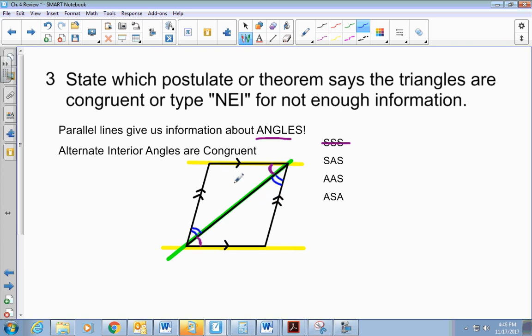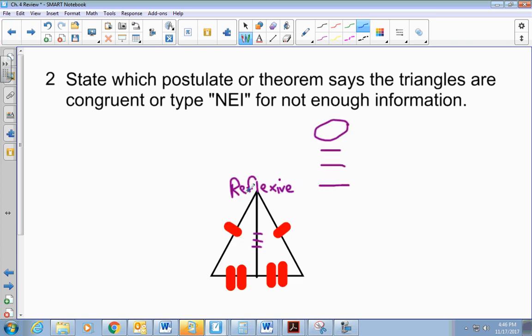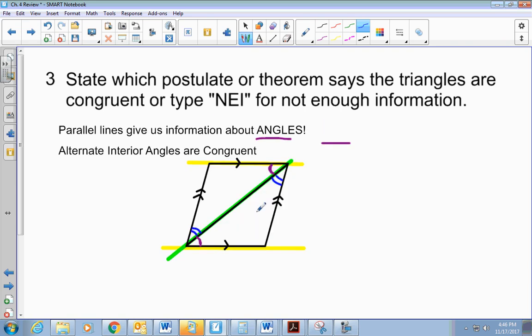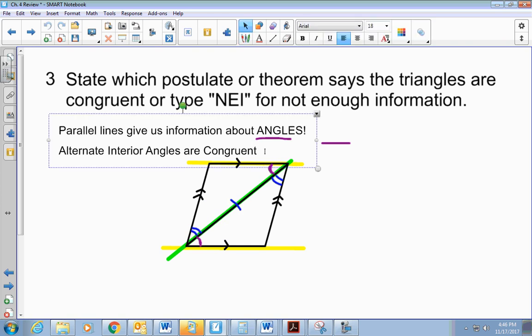So we look at our two triangles. Do they have an overlapping side? Do they have a case like we learned before that's going to be reflexive? And we look and we say, yes, that's this right here from this corner to this corner. So that's reflexive. So let's add that to our figure. You guys have to justify your statements. I'm going to give you this quiz and it's going to say to justify your statement.